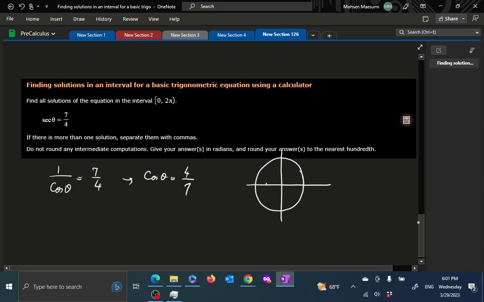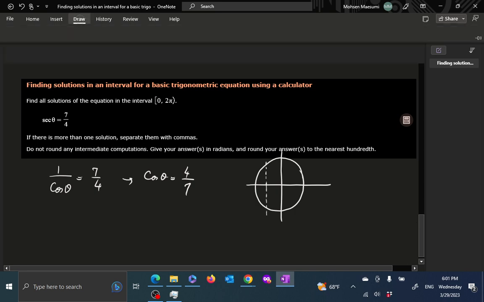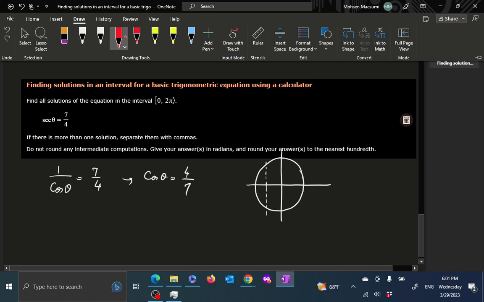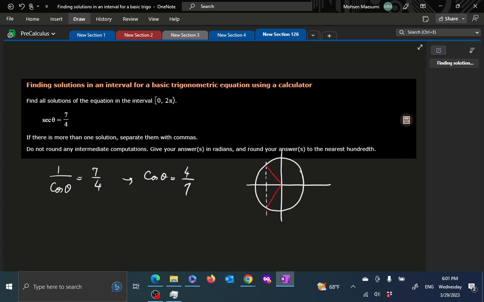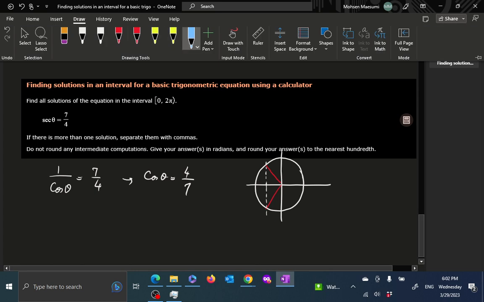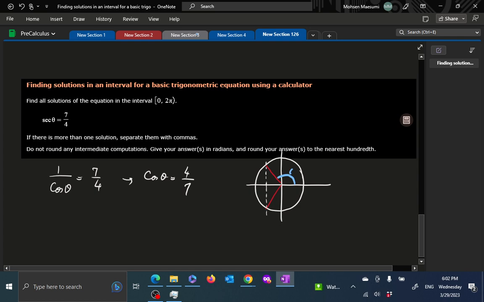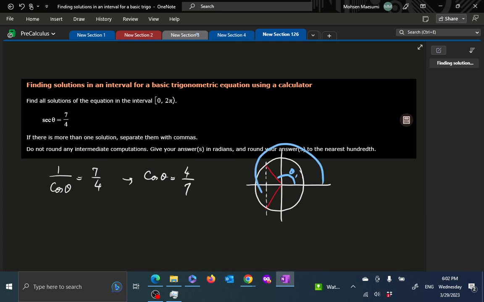I'll be here. I draw my vertical, then connect to the origin. The two angles that I'm after are these two. One of them is this, let's consider that theta 1, and the other one is that one, your second solution.